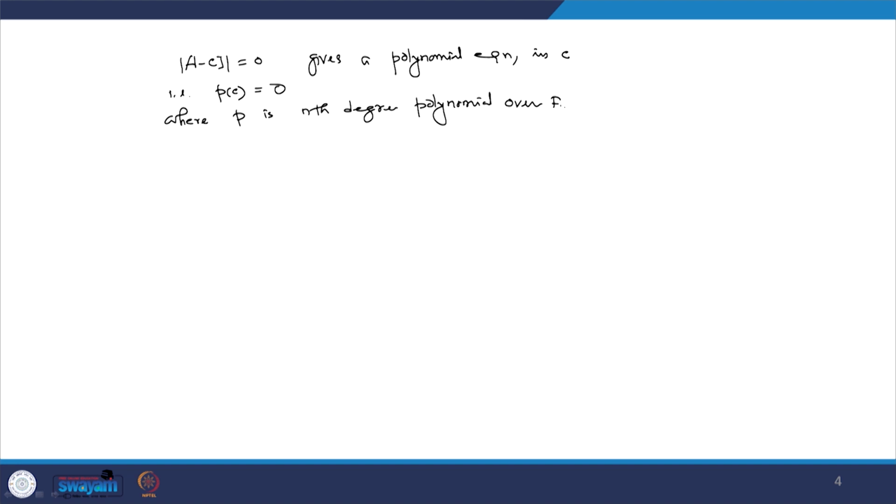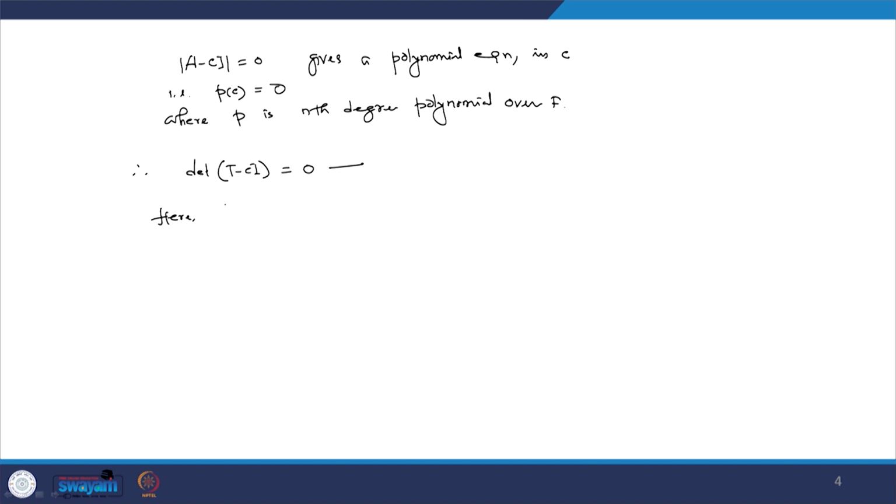In that case, the determinant of T minus CI equals 0. I mean, when T is represented by some matrix A, then the determinant of A minus CI equals 0, which is equivalent to saying that the determinant of T minus CI equals 0.